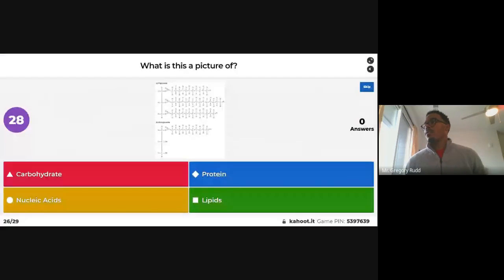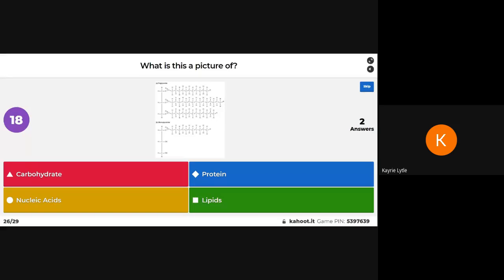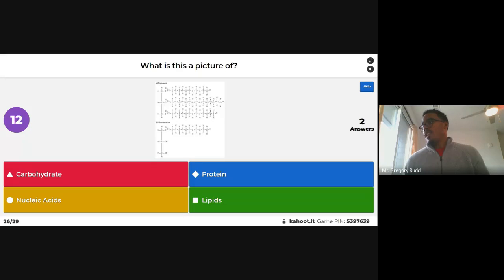Which of the 4 macromolecules is that a picture of? I can't really see it. You should just know that it has a backbone and tails. That's all you really need to be able to see.